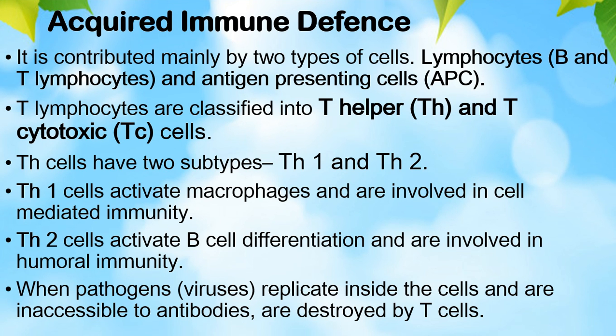T helper 1 cells activate macrophages and are involved in cell-mediated immunity. But T helper 2 cells activate B cell differentiation and are involved in humoral immunity. When pathogens or viruses replicate inside the cells and are inaccessible to antibodies, they are destroyed by the T cells. This is the acquired immune defense.